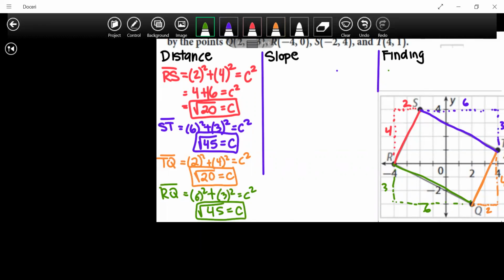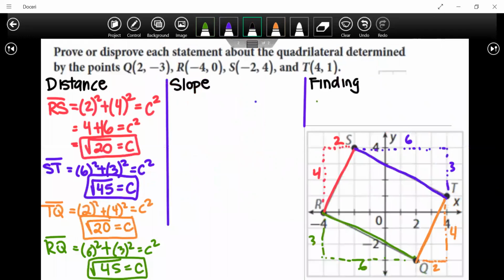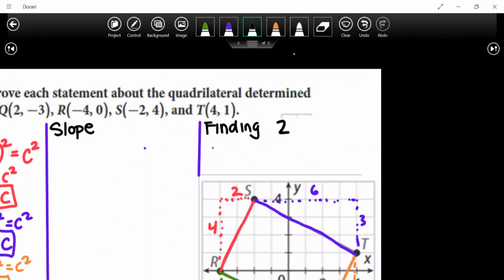Let's go ahead and fill this into our findings. What do we come to find out about the sides of our quadrilateral? Two are not parallel, not yet. We can't say that yet. We have two sides congruent.